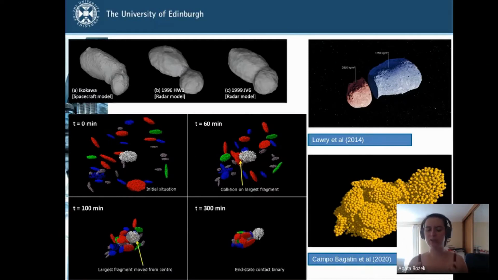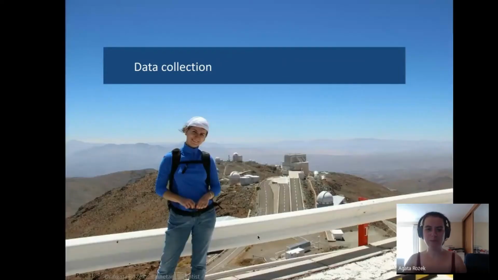So what the structure of the asteroid is inside, which can be very important if we're planning a spacecraft mission or if we're planning deflection for planetary defense reasons. So we're looking at that, and how we're looking at asteroid shapes.